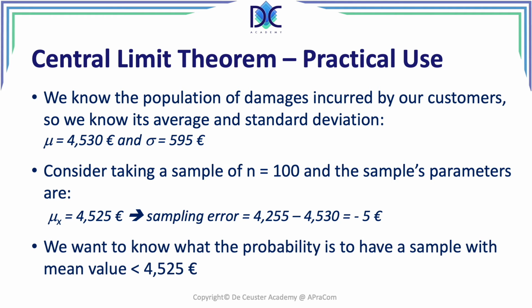And we want to know what the probability is to have a sample with a mean value smaller than 4,525 euro. Now we are going to use the central limit theorem to resolve this.